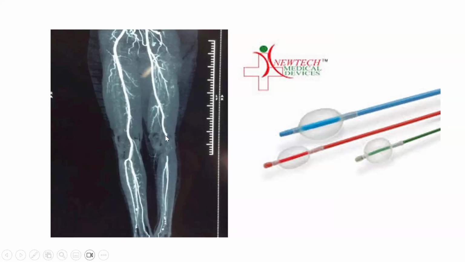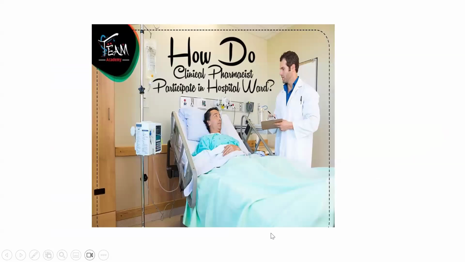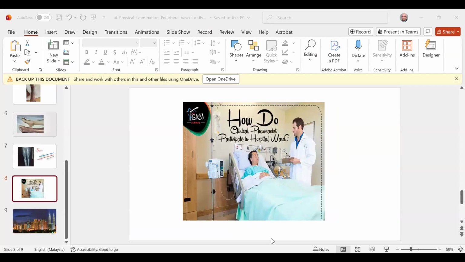But at least you need to remove this embolus by embolectomy, balloon dilatation, and you can put a stent. In the past, we didn't put a stent down there because of the movement of the knee. Nowadays, with the improvement of the technique of the graft, you can put the graft anywhere.